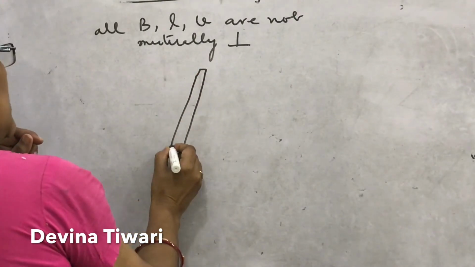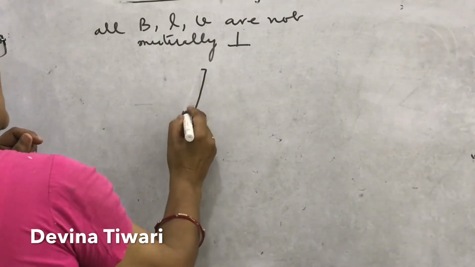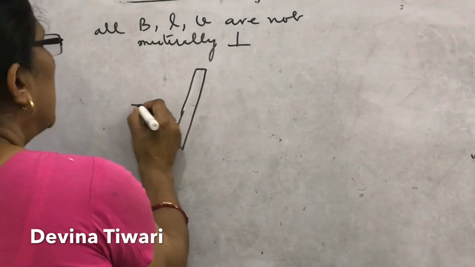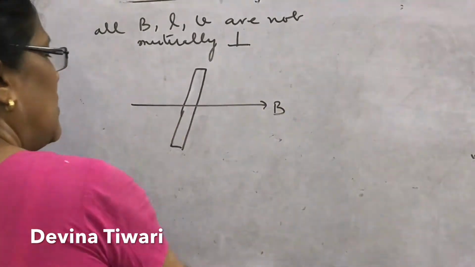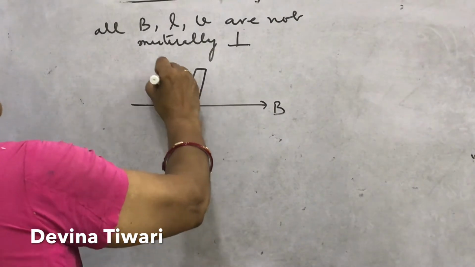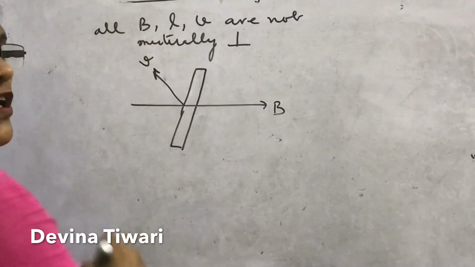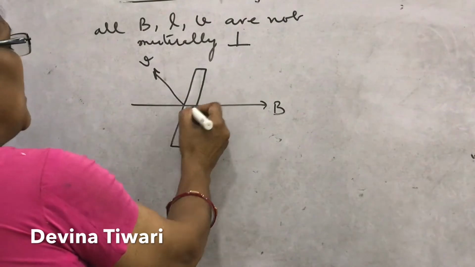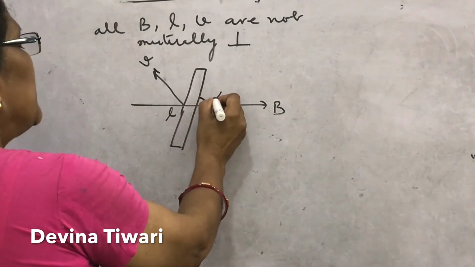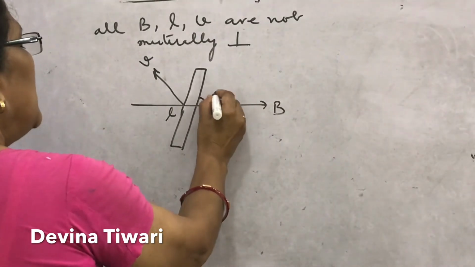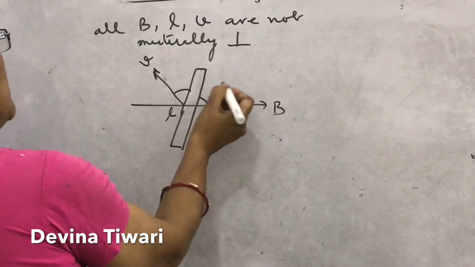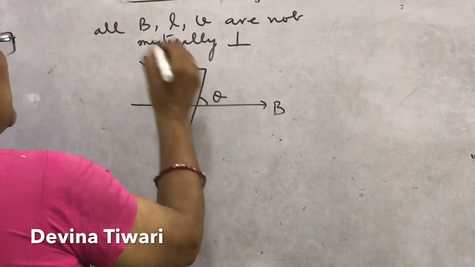I take this rod of length L. Okay, now this is the magnetic field, and suppose the rod is moving with this velocity v, and L is the length of the rod, and this is the angle between the magnetic field and the length. Suppose this angle is alpha.